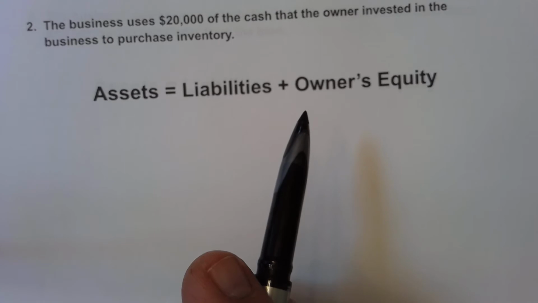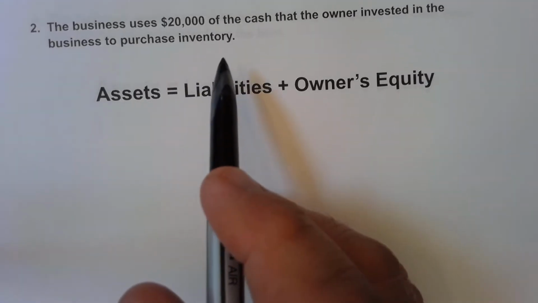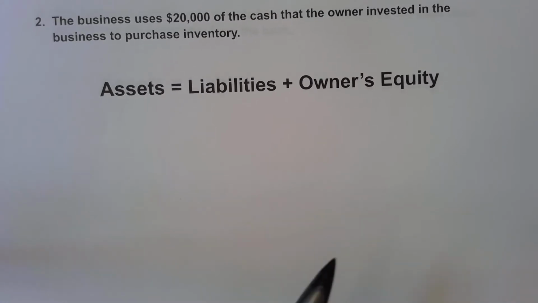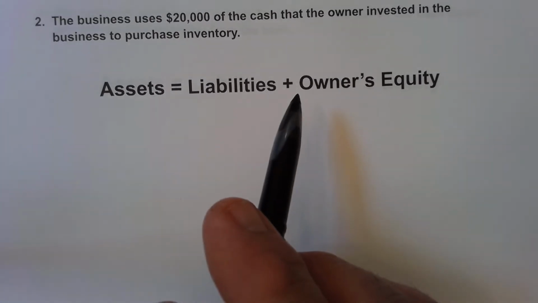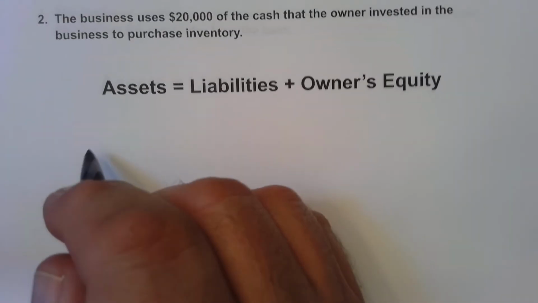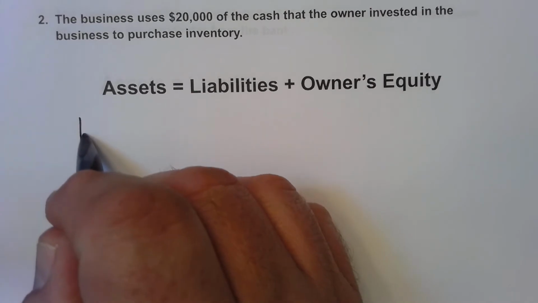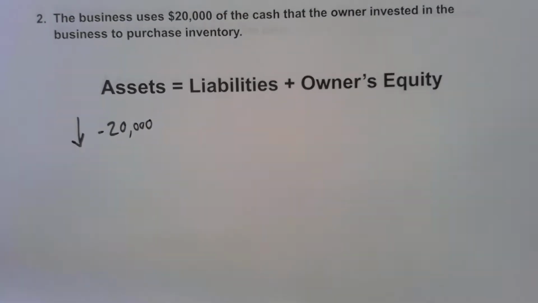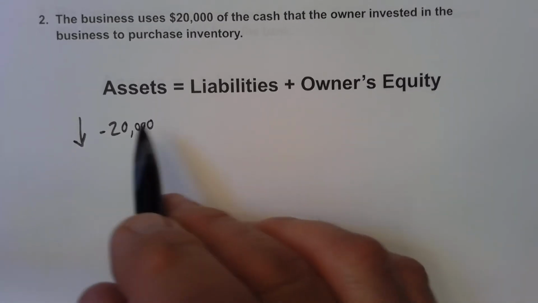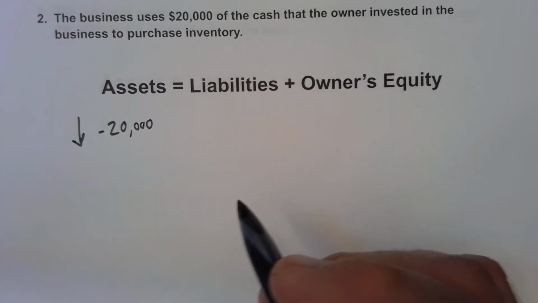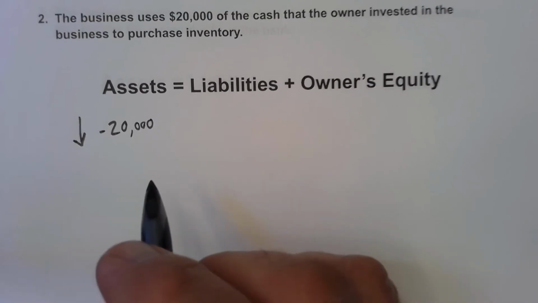Our second example, the company is going to use $20,000 from the cash from the prior example and purchase inventory to sell. So on the asset side, the cash decreases by $20,000 because it is paid to our inventory supplier. However, in exchange for that payment, the company receives $20,000 worth of inventory, which is also an asset.